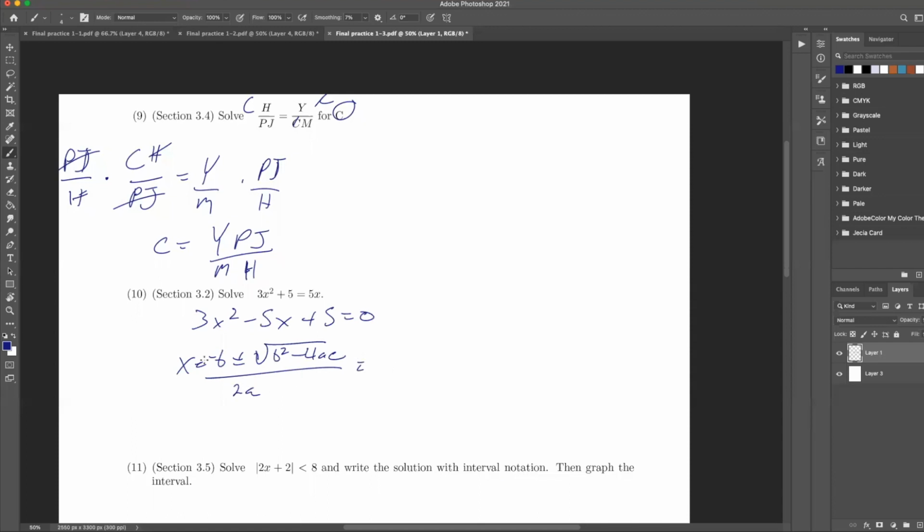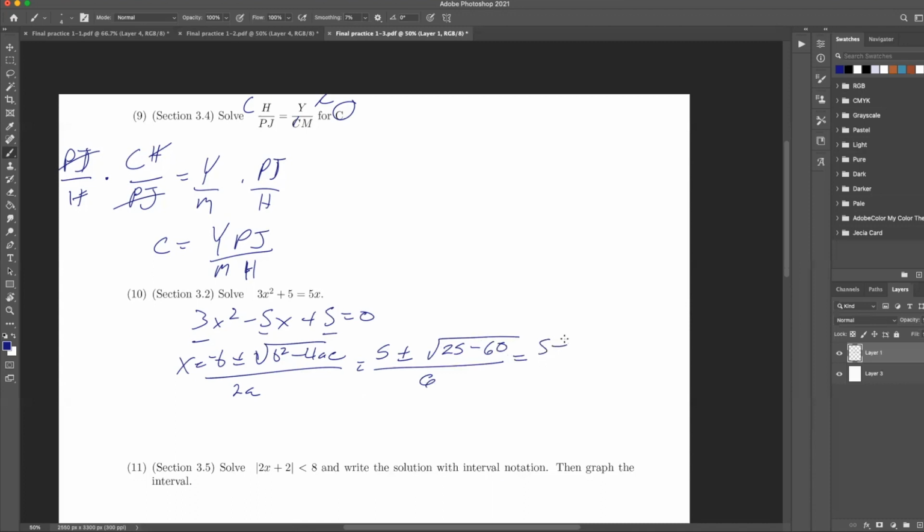And in our case, this is our a, this is our b, this is our c. So minus b would actually just be positive 5 plus or minus the square root of negative 5 squared, which is 25, minus 4 times 3, which is 12, times 5, which is 60. So it'd be minus 60, all over 2 times 3, which is 6.